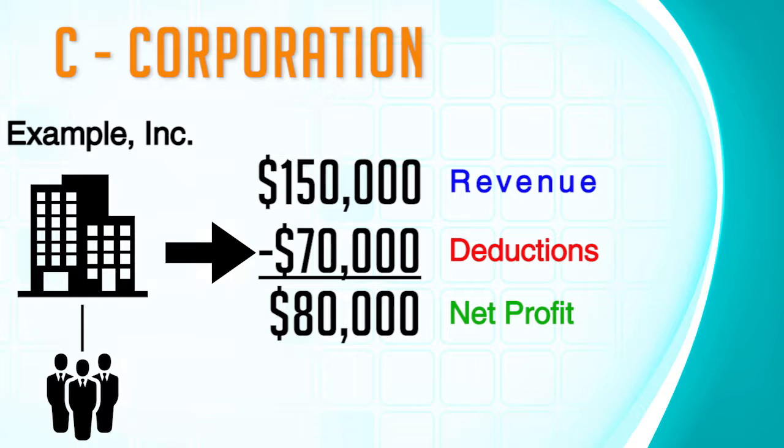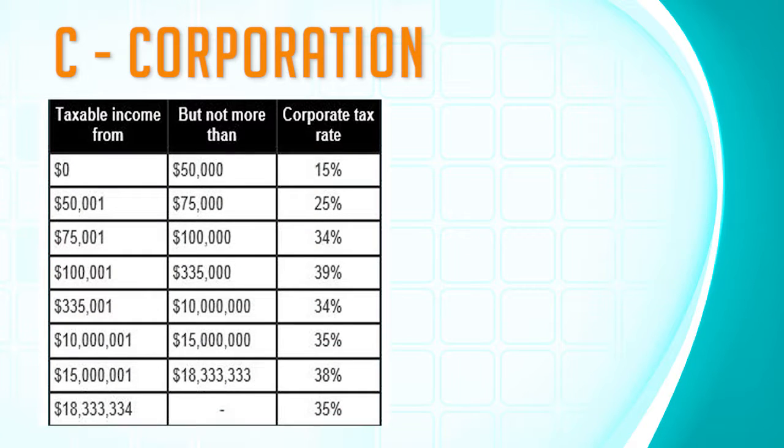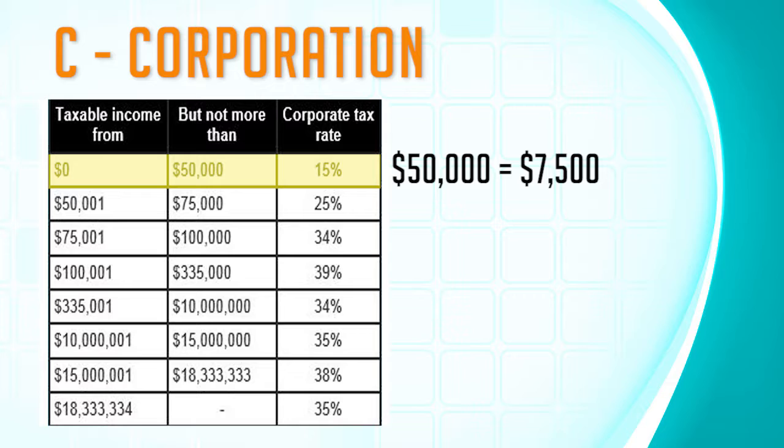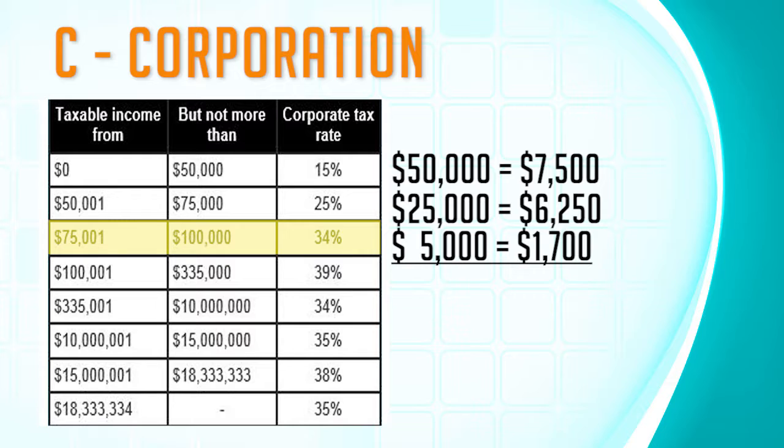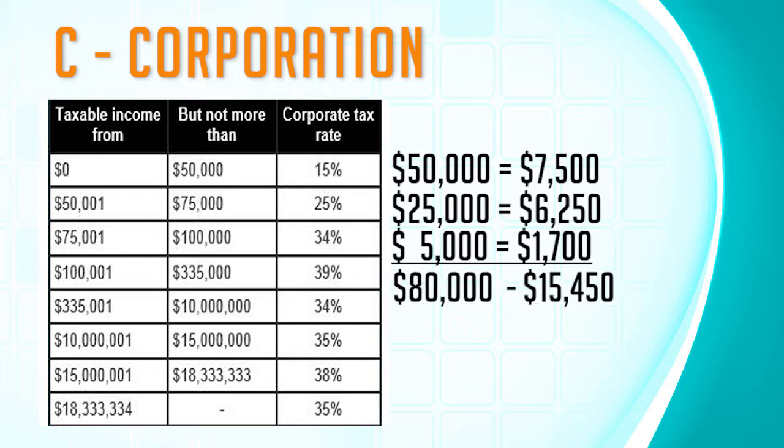Now, according to the corporate tax rate table, which you can download from our website at aneplanning.com, our Example Inc. gets taxed as follows. The first $50,000 is taxed at 15%. Income between $50,000 and $75,000 is taxed at 25%, and the remaining $5,000 is taxed at 34%, meaning that our Example Inc.'s federal tax liability is $15,450.